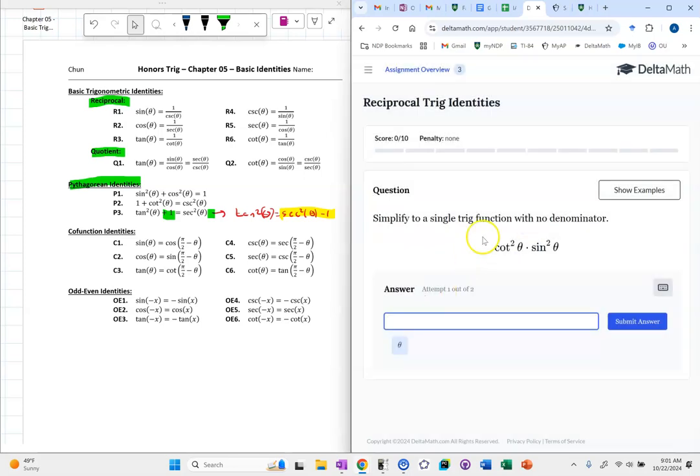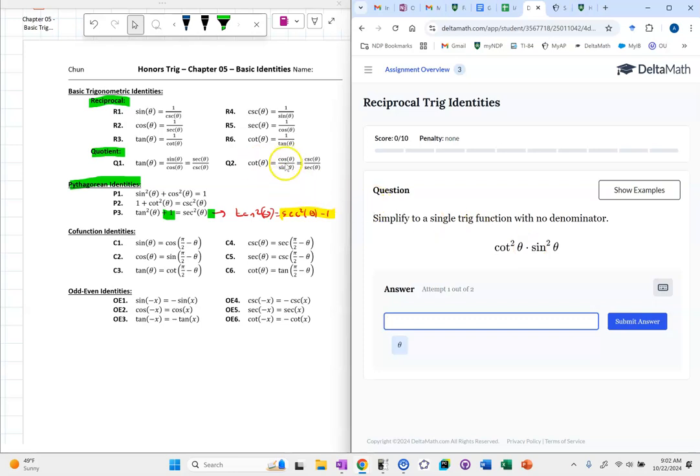If I look at the last one, this is reciprocal identities, so we're going to be using the reciprocal ones. The quotients I would count inside of that. If I have cotangent squared times sine squared, I'm going to look at my cotangent identities. I'm going to pick the one that has a sine in it because there's a sine in the problem.